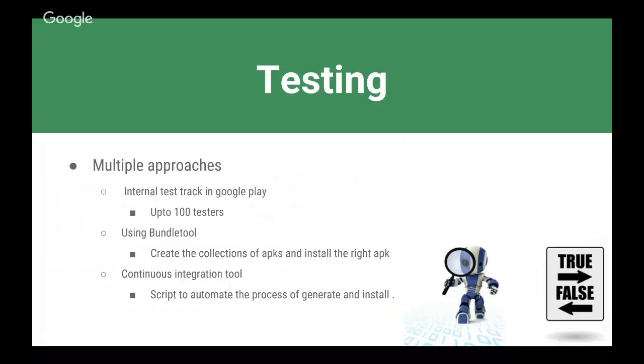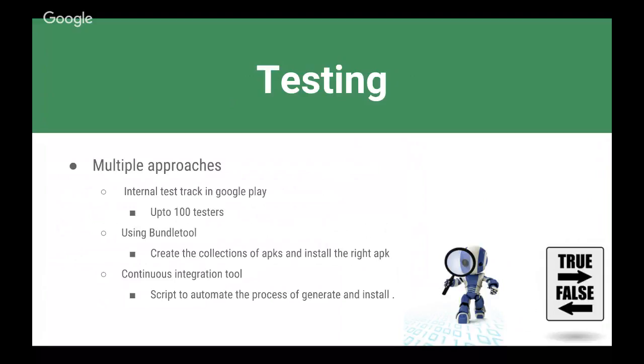The second way is to use a bundle tool. The first way, you're making Play do all the work. You put an AAB on the Play Store in the internal test track, and your testers will get it by downloading it from Play. Some people want it completely offline. In that case, you want to use the bundle tool. The bundle tool basically allows you to create a collection of APKs using a tool locally and then install the right APK on the device.